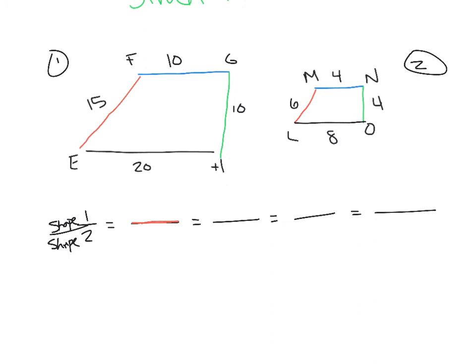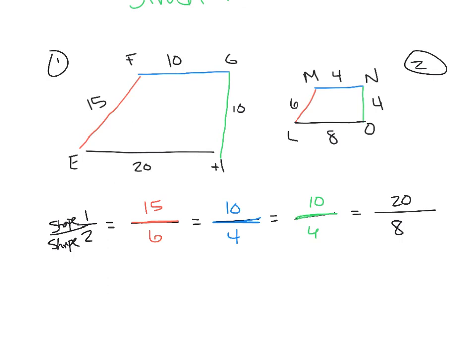Length of red 1 is 15, length of red 2 is 6. Then we're going to look at the blue. Length of blue 1 is 10, length of blue 2 is 4. Then we're going to look at the green. Length of green 1 is 10, length of green 2 is 4. And then we're going to look at the black. Length of shape 1, black is 20, length of shape 2, black is 8.